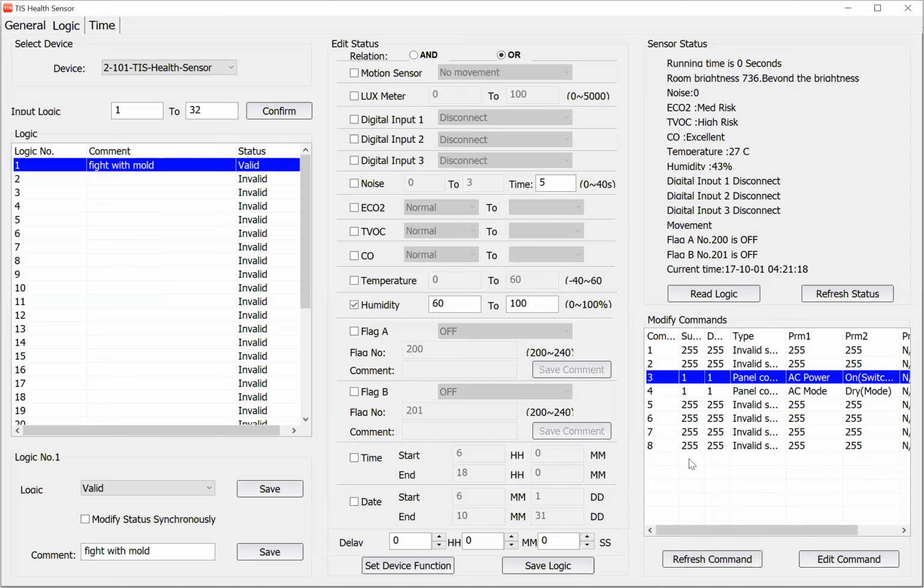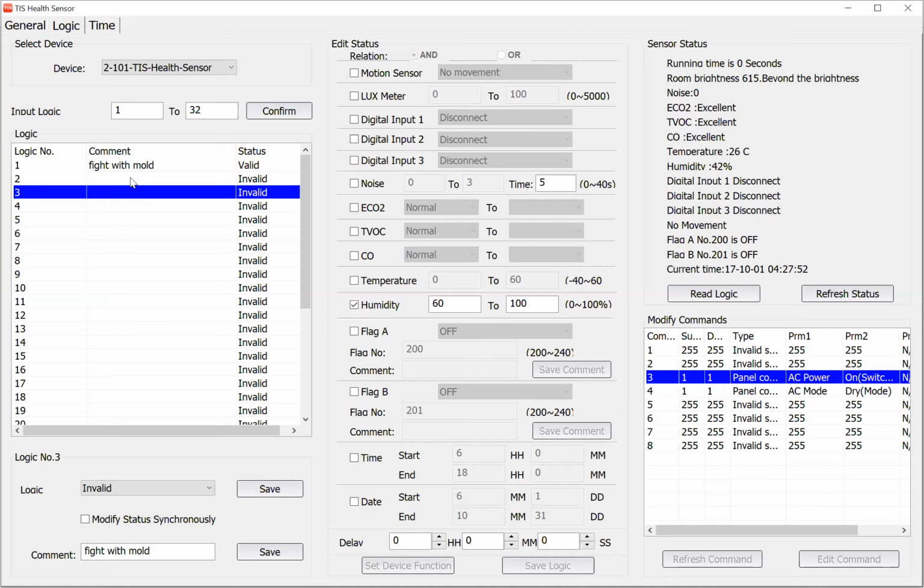Do you understand? Is it clear? Any question? Okay, it's very good logic, but when should we turn off the AC?